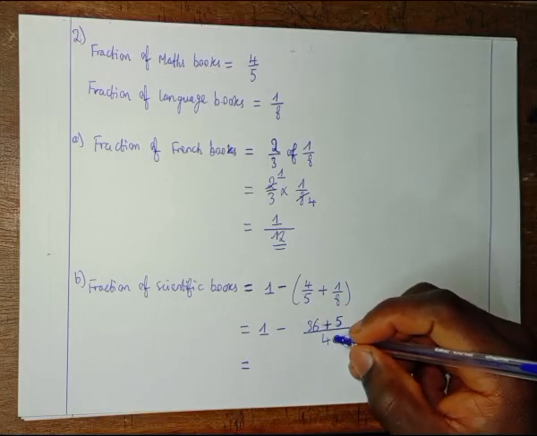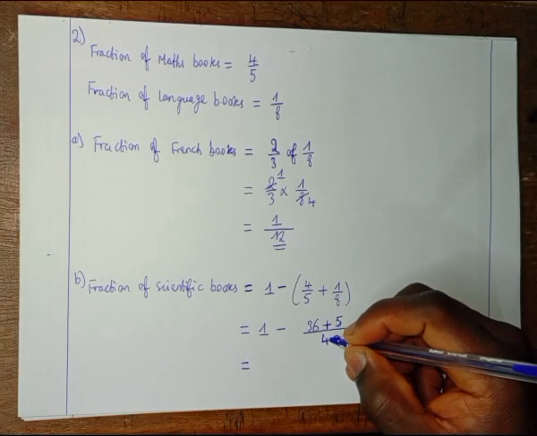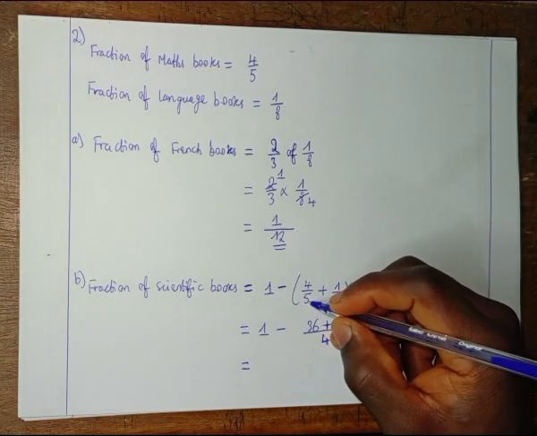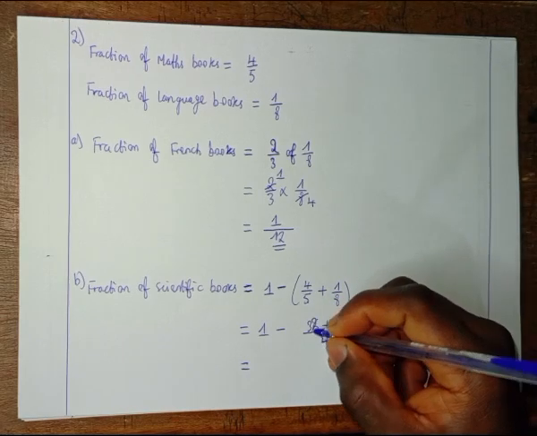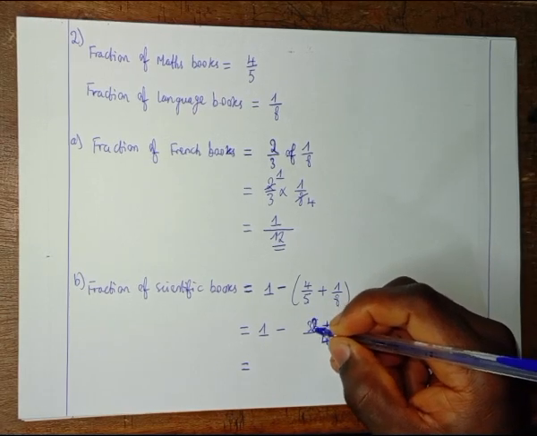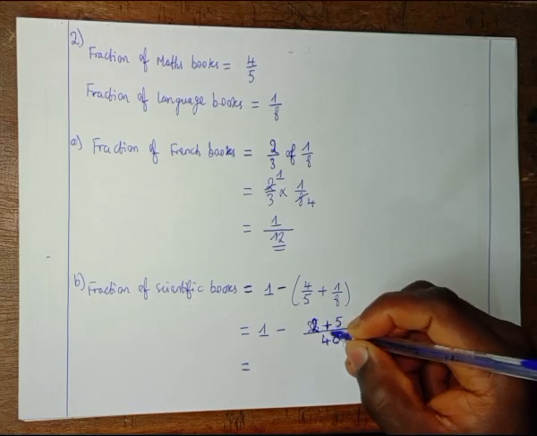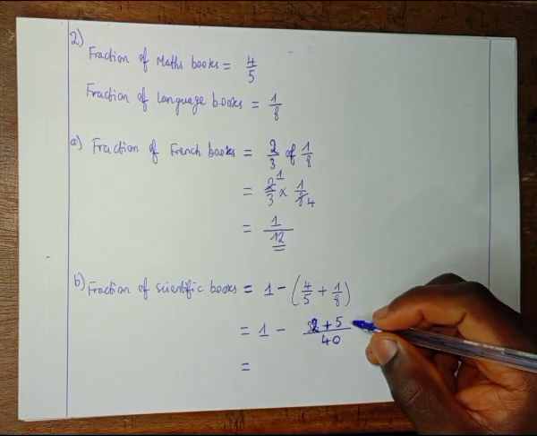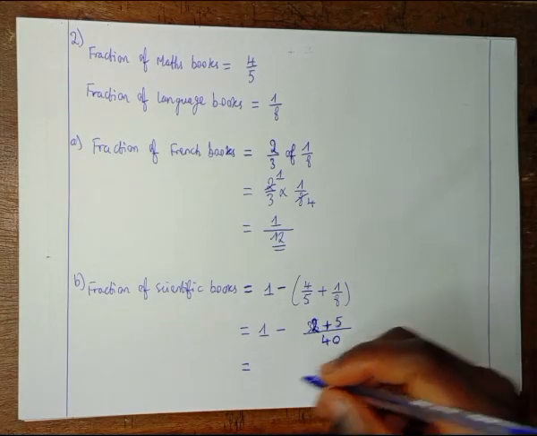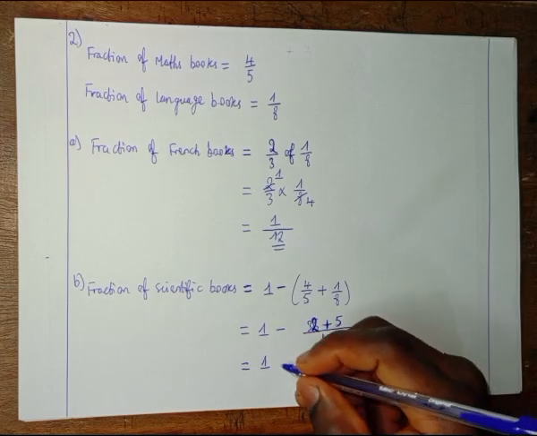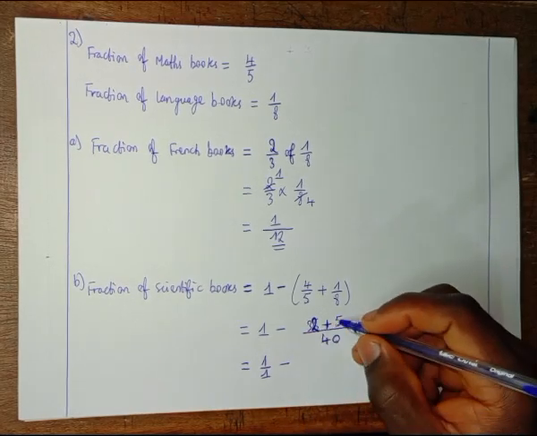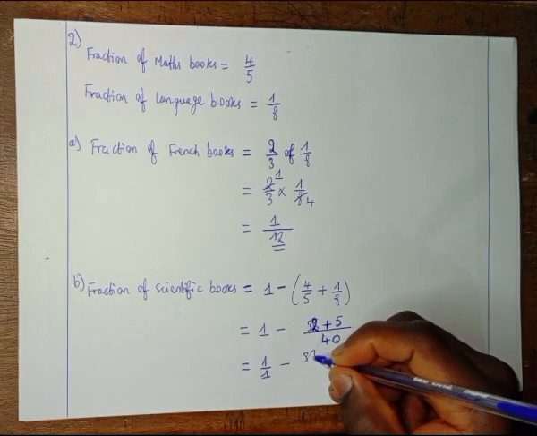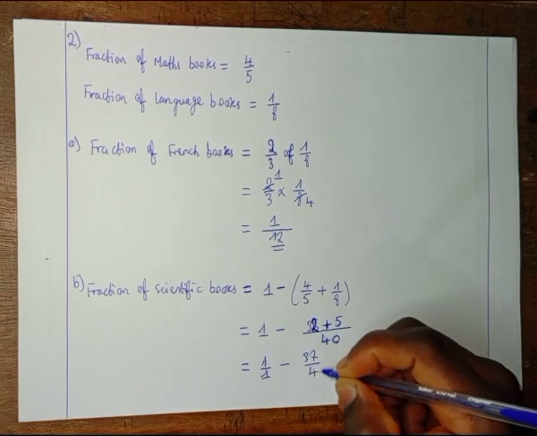Here we have 40 divided by 5, which is 8. 8 times 4 gives us 32. This is 32 and not 36. Plus 40 divided by 8 gives 5. 5 times 1 remains 5. This will give us 1 over 1 minus 32 plus 5 gives us 37 over 40.